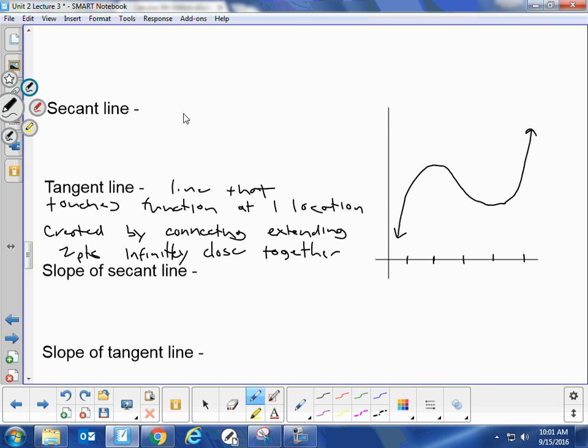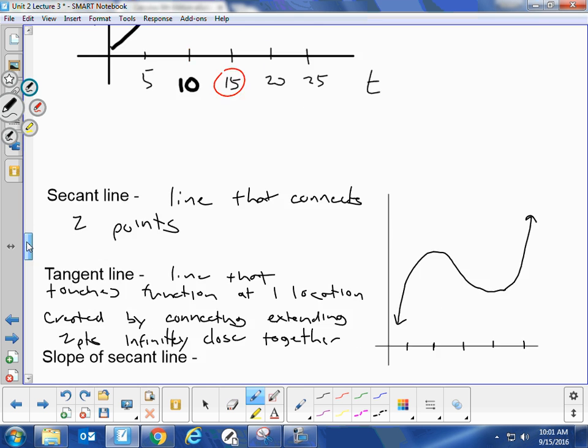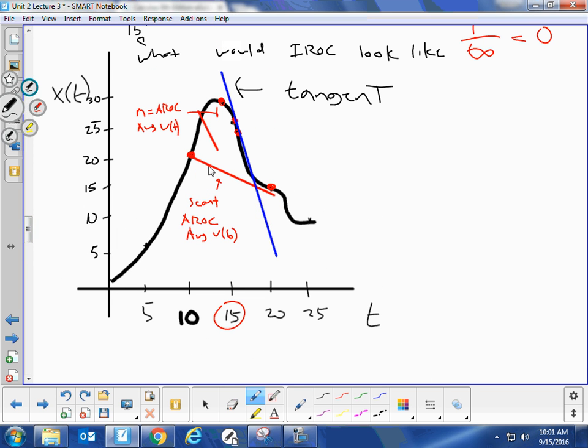Okay, secant line, line that connected 2 points. Now, what was the slope of the secant line? The average rate of change of the function, right?